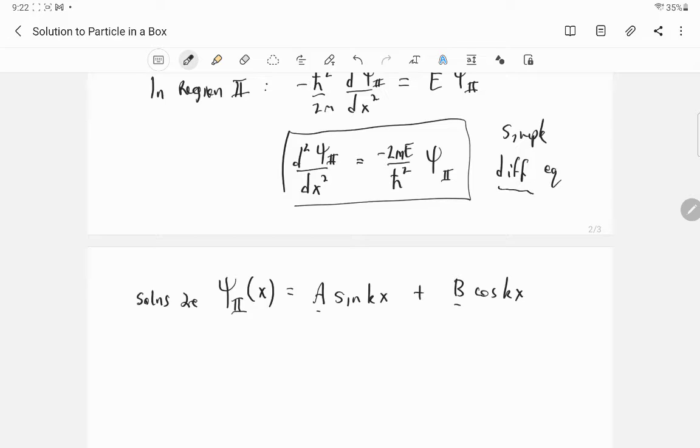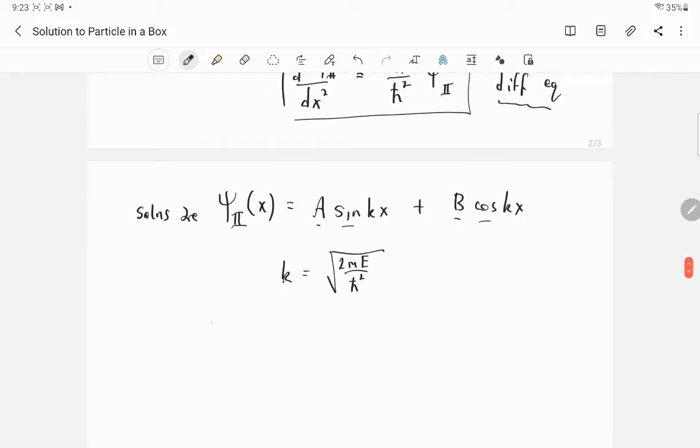I'm invoking the mathematics of solving differential equations. a and b do not depend on x. They are constants with respect to x. And k is equal to the square root of 2me over h bar squared. It's the square root of everything in front of our wave function in the differential equation except for the minus sign. The minus sign is there because that's what you get if you take two derivatives.